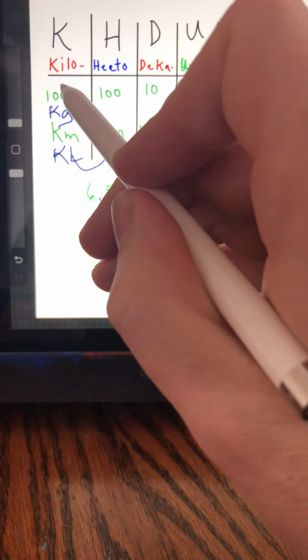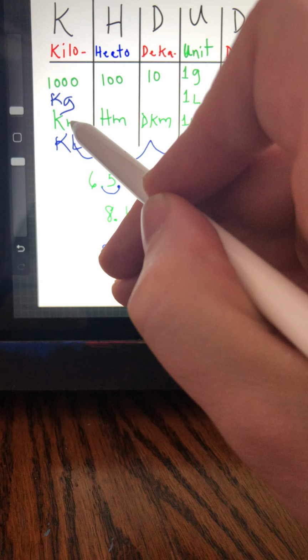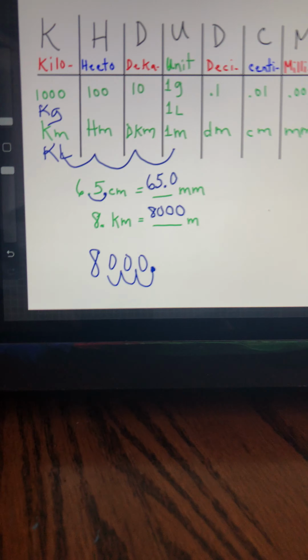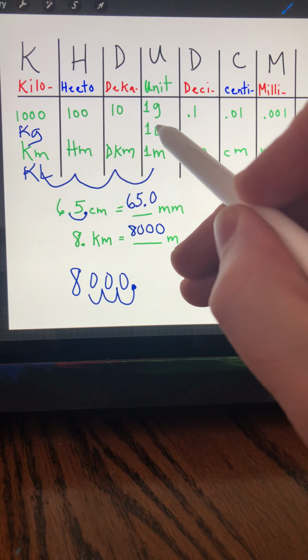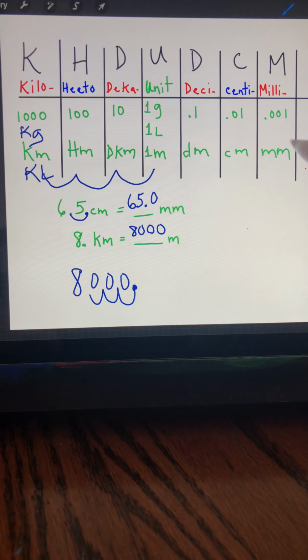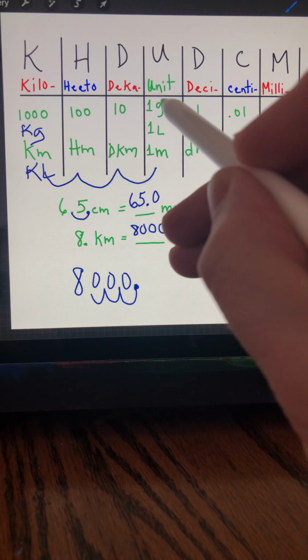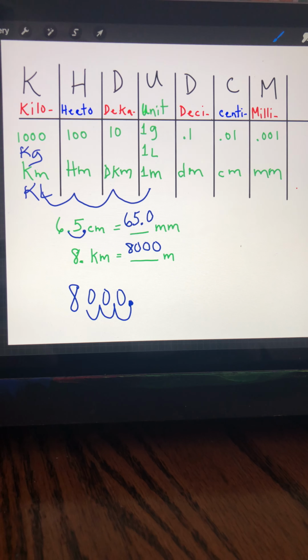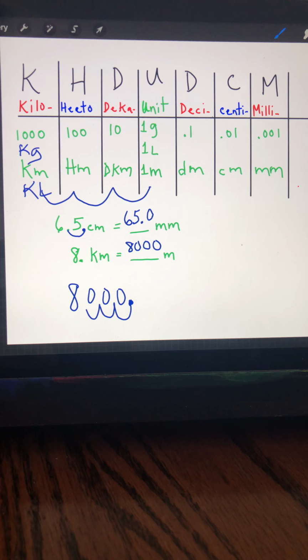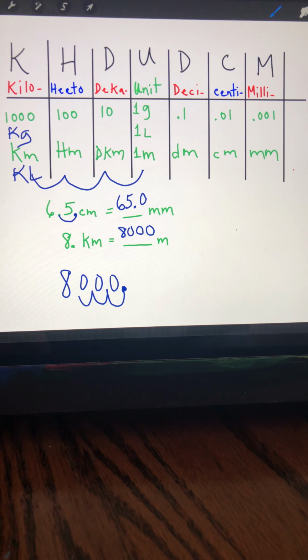No matter what, they all mean you either have 1,000 grams or 1,000 meters or 1,000 liters. So the only thing that's going to change when we do different things is this is meters, but I could do it all for liters as well, and I could do it for grams. I also provided you with another video that you might find helpful. Hopefully you find this one helpful.